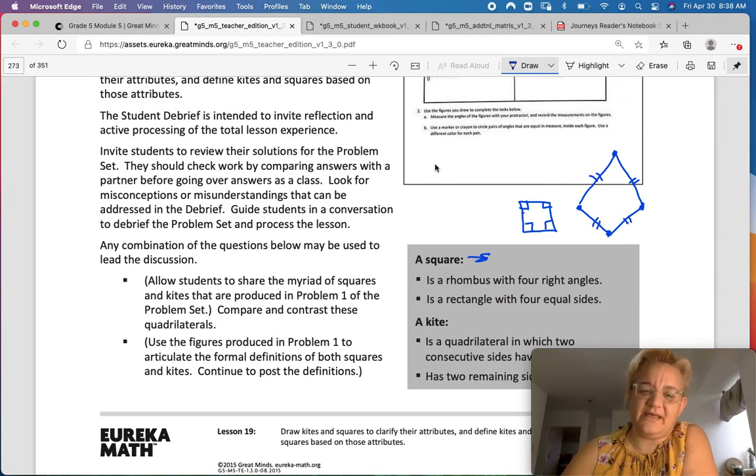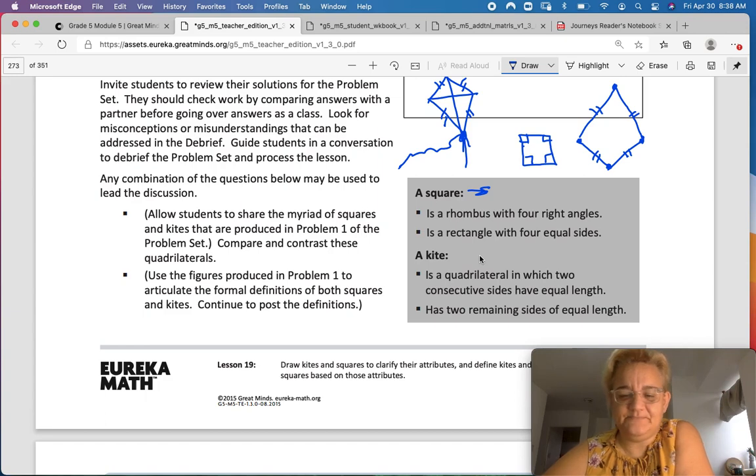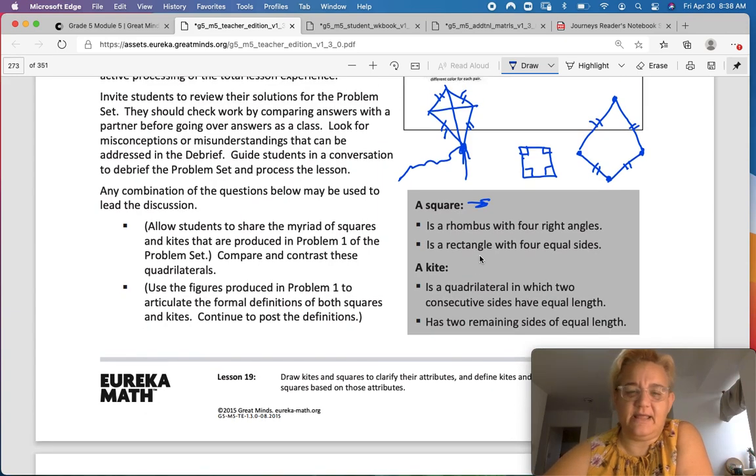Usually when you think of a kite, you think of something like that, on a string and you're flying it. As long as this side and this side are equal and this side and this side are equal, that's a kite. Quadrilateral, 4 sides. The angles can be anything they want. So a kite is a little bit different.